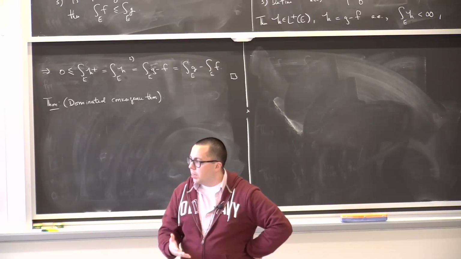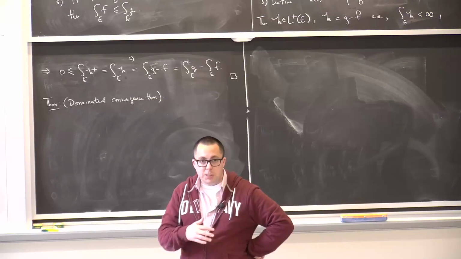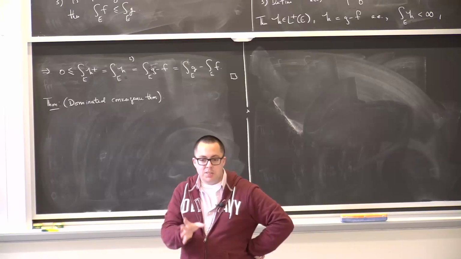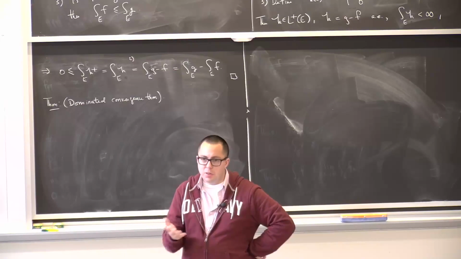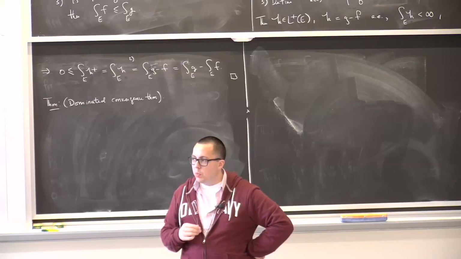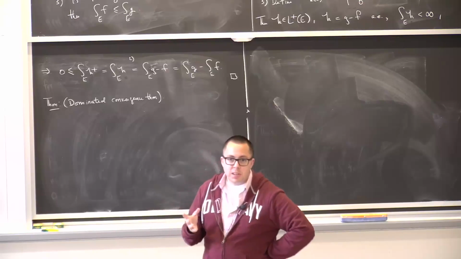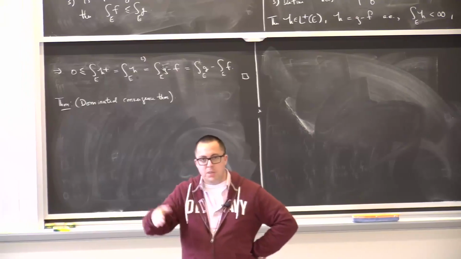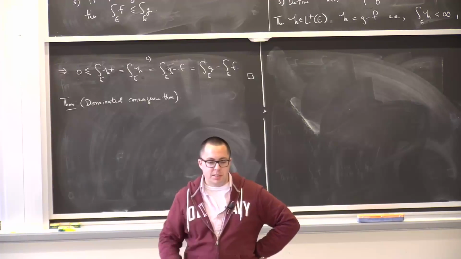Why am I saying that? If I have simple functions which are non-zero only on sets that have finite measure, then that will be an integrable function. Because go back to the definition of how one integrates a simple function, right? It's the sum of the coefficients times the measure of the sets where it takes that coefficient.